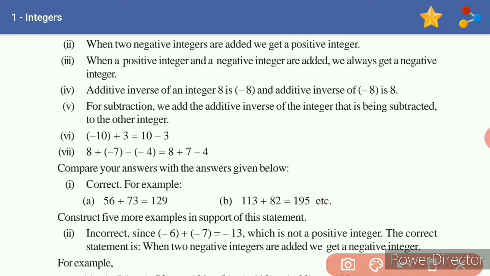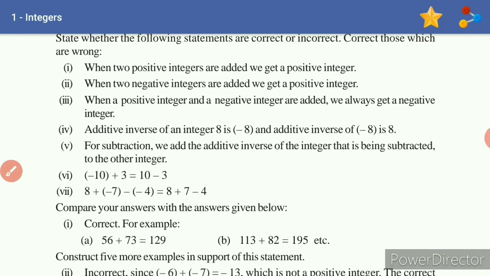So next, when two negative integers are added, we get a positive integer. This statement says when two negative integers are added, we get a positive integer. Let us see by an example.